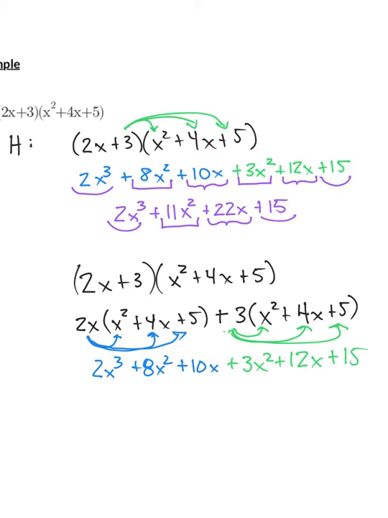And now when we combine our like terms, we have our 2x cubed. My 8x squared and my 3x squared still combine to give me 11x squared.